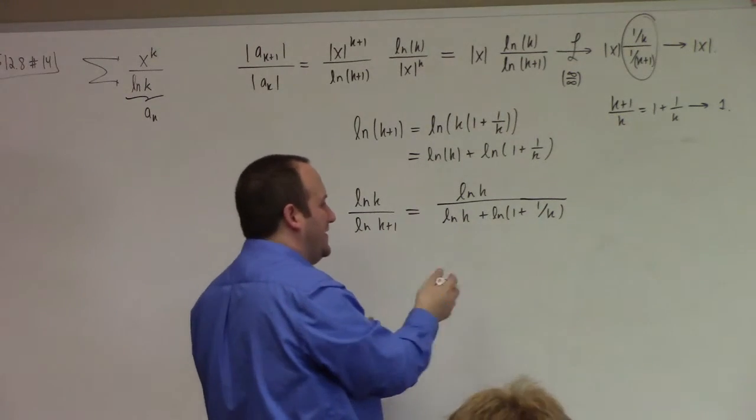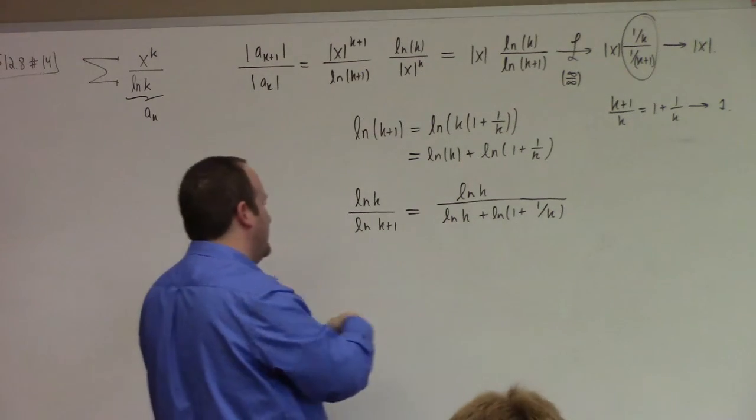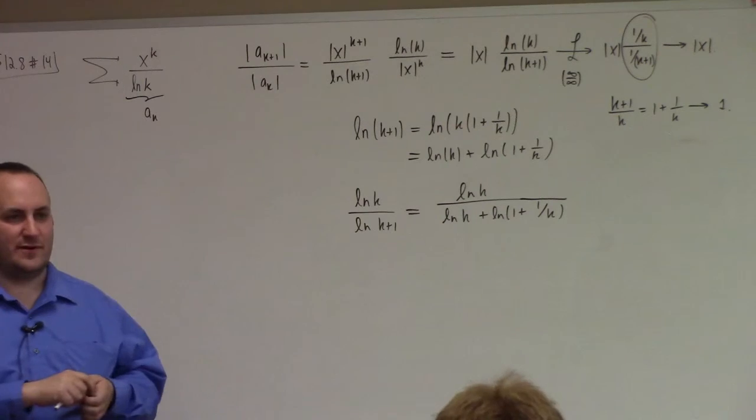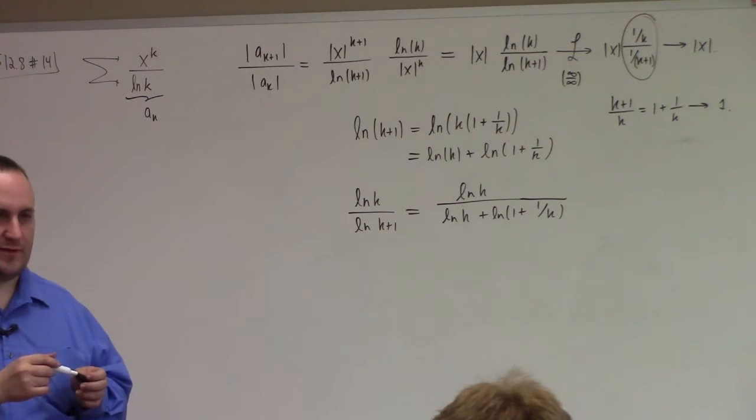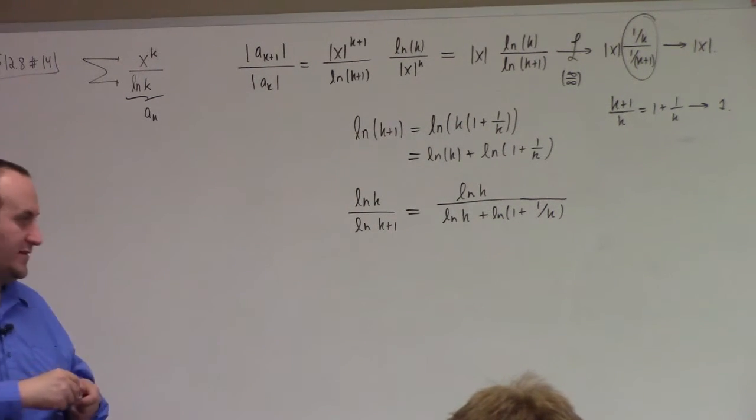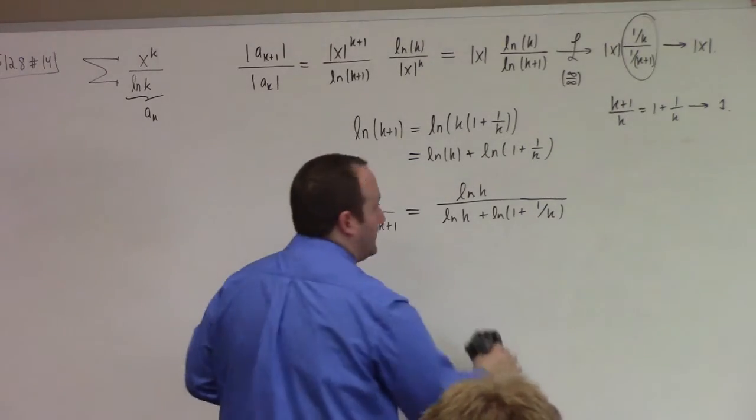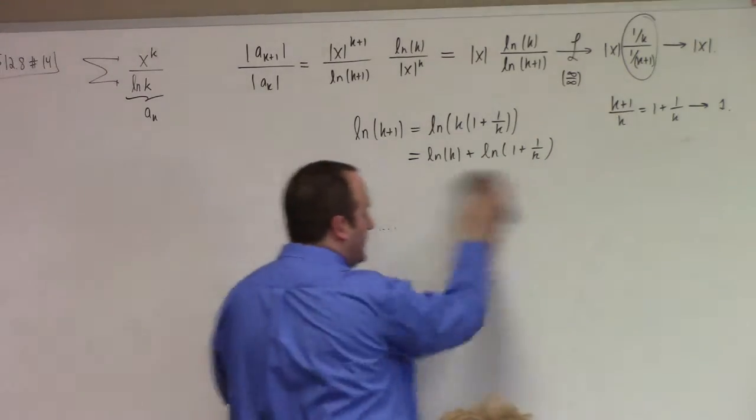I think you could start to see a plausibility argument that that goes to 1. But let's just L'Hopital. I think L'Hopital's easier. I'm going to erase this before it hurts anyone.